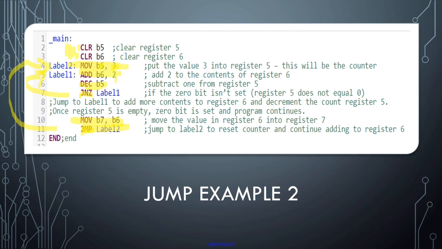And you'll see this more in the example video, but essentially B6 is not being cleared out. So B6 still has a value of 6 when we loop back up to label 2. And then we add 2, add 2, add 2. And the next time we get to the move command, it's going to move the value of 12 into register B7. So this is just a way to increment things in different values and keep them synced up.